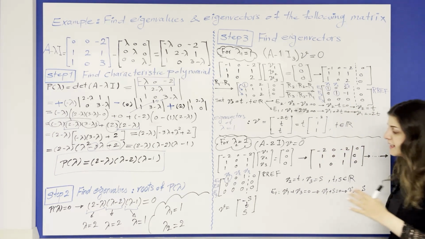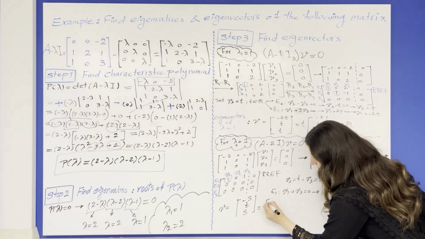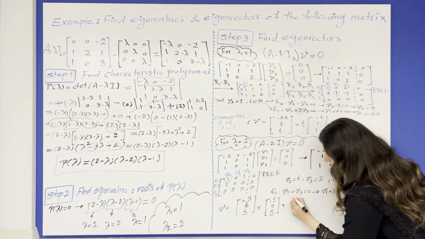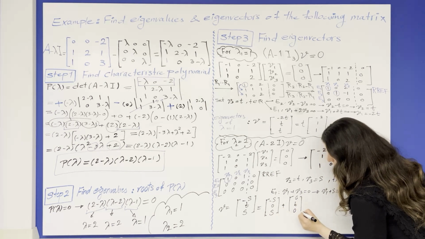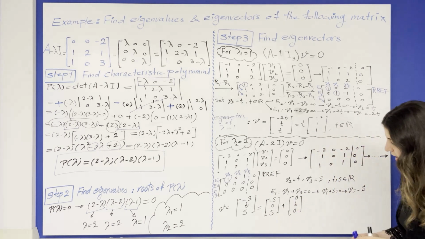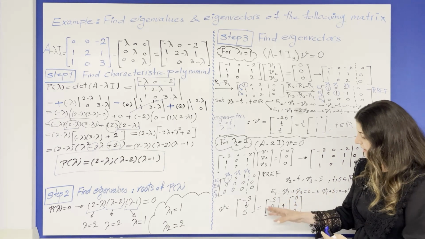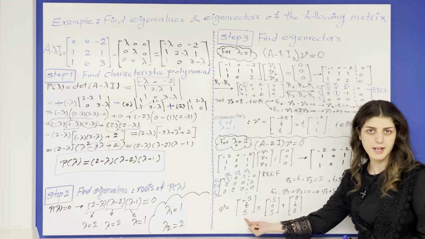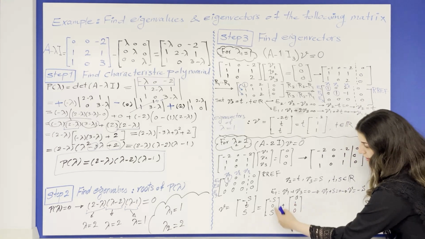Okay, so I have two parameters. What I can do is write this as negative S, 0, S plus 0, T, 0. What's happening here is that I separate the terms with S and the terms with T. If you add these two, you get the same vector, right? Now I can factor out S from here.